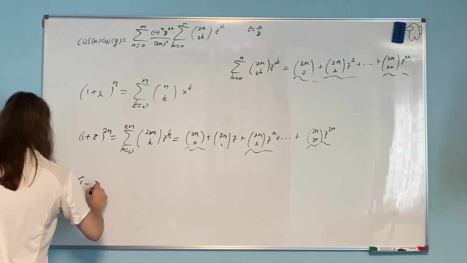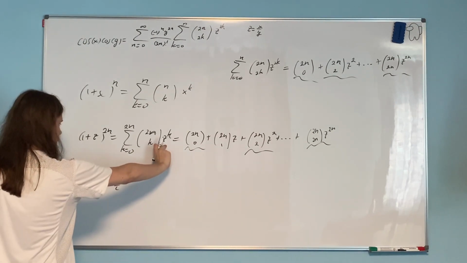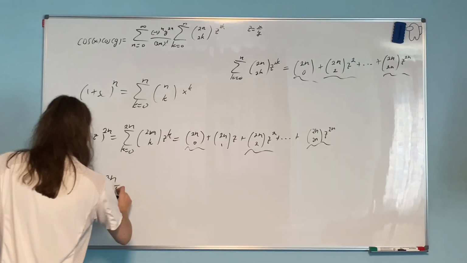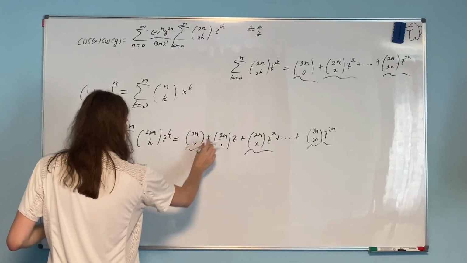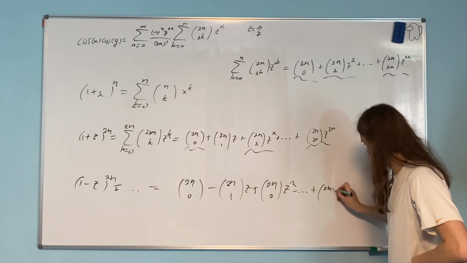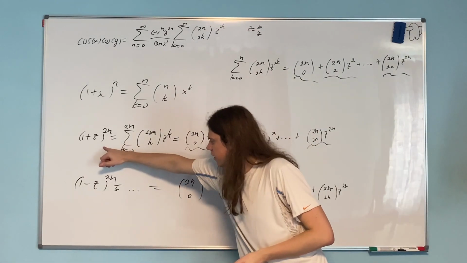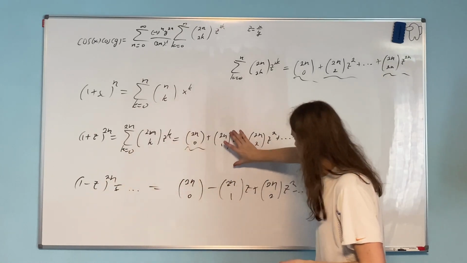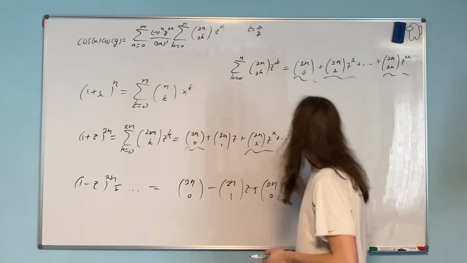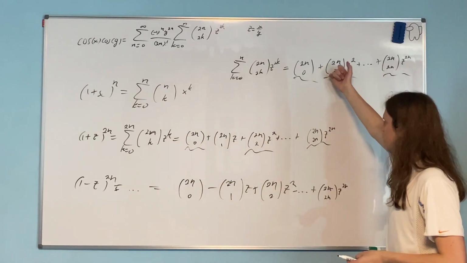We take 1 minus z to the 2n, which, replacing z with minus z, we have minus 1 to the k, so this would be the same sum, just with alternating signs. It ends on a positive sign because 2n is even. Now, this, and added this, all the odd terms would cancel out, and we have 2 of each even term, which is exactly what we want.